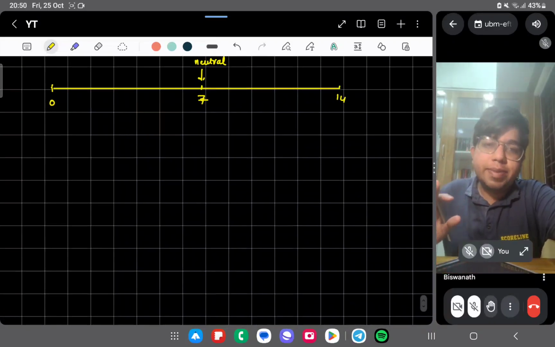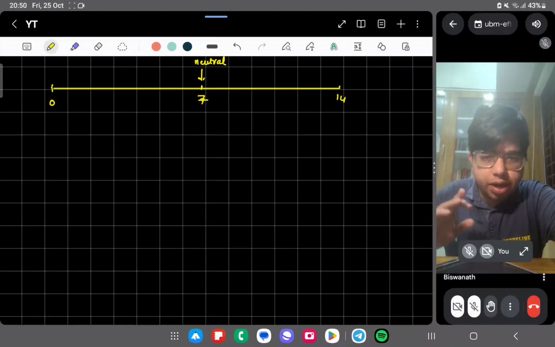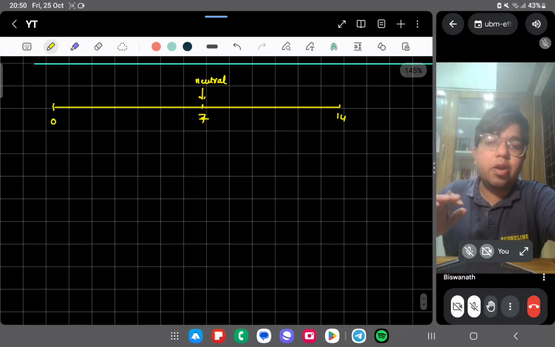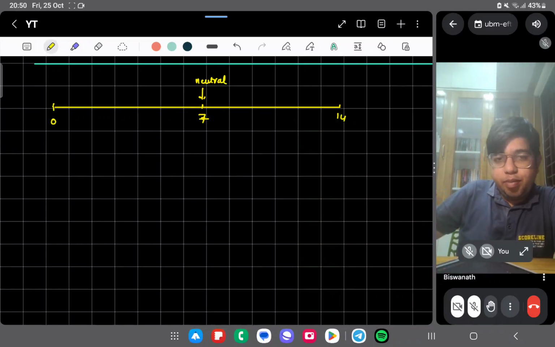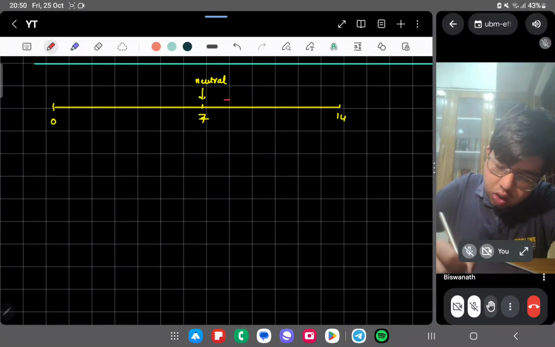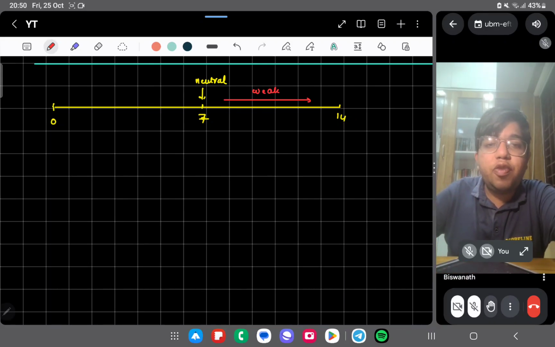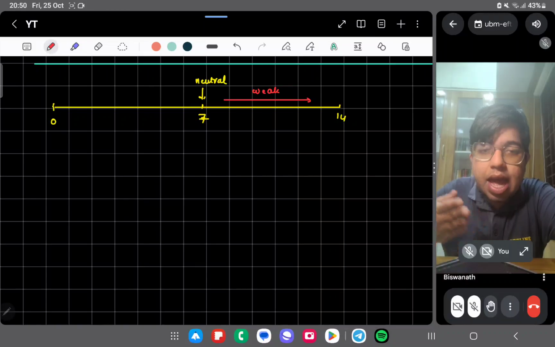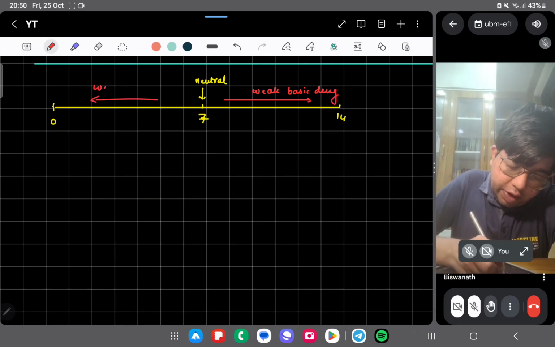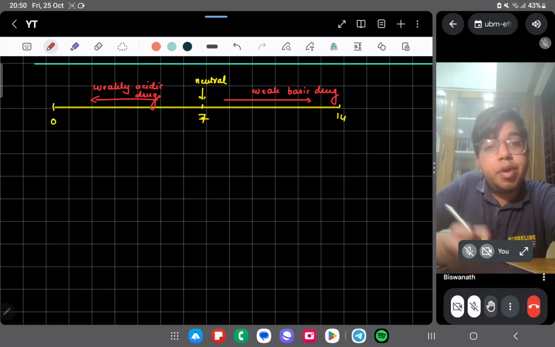So basically, what I'm trying to say is that if this is the pH scale, as we move to this side, weakly basic drugs are being absorbed more and more, and as we move to the other side, weakly acidic drugs are being absorbed more and more.